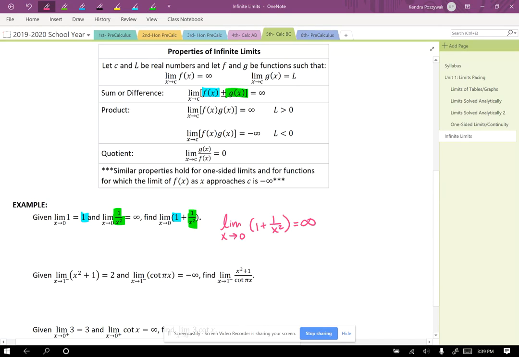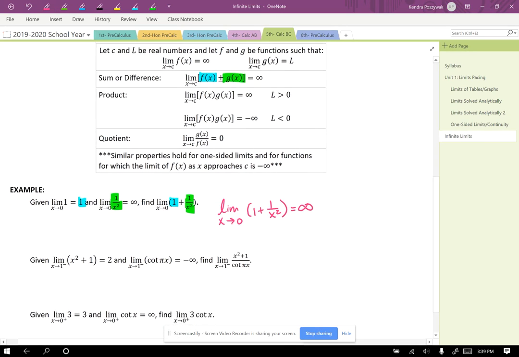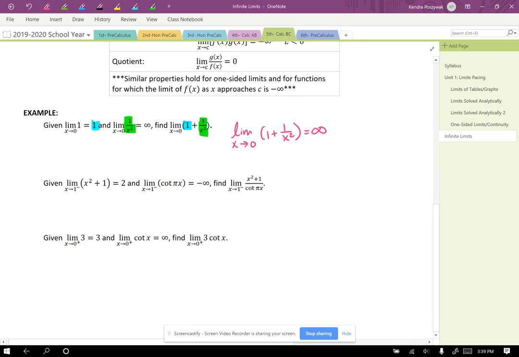Then if we look at the next example, we've got the limit as x approaches 1 from the left of x squared plus 2 equals 2, and the limit as x approaches 1 from the left of cotangent of pi times x equals negative infinity. We are looking for the limit as x approaches 1 from the left of x squared plus 1 over cotangent of pi x.